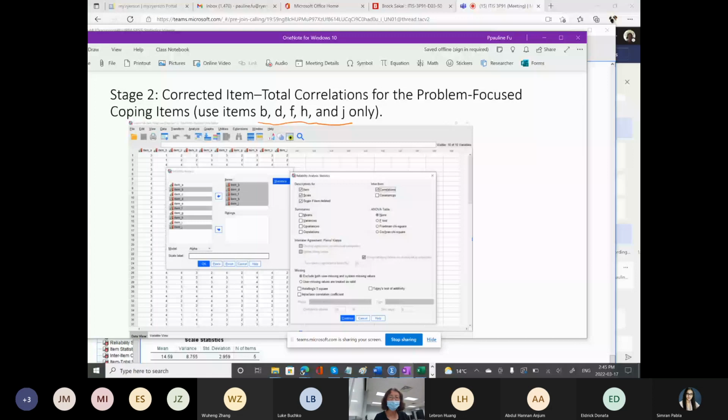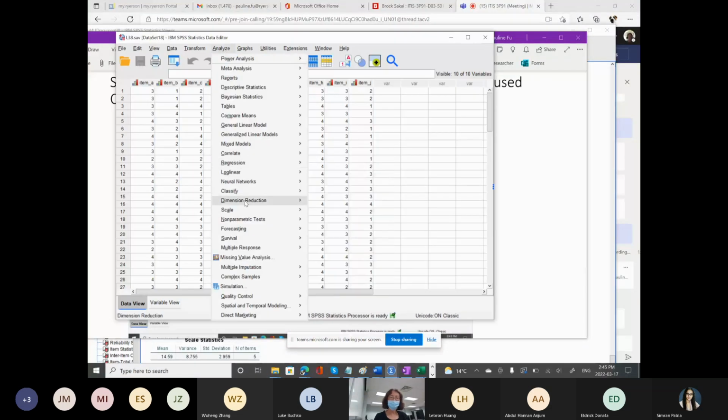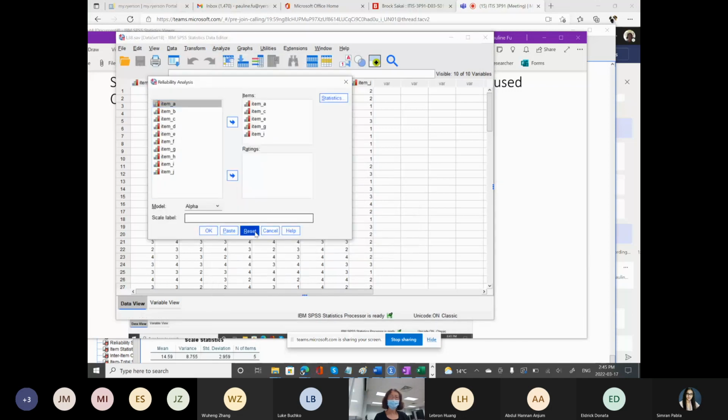And this is the screenshot I gave you. So go to data, analyze, scale, reliability analysis. Quick reset button, and then select items BDFHJ.